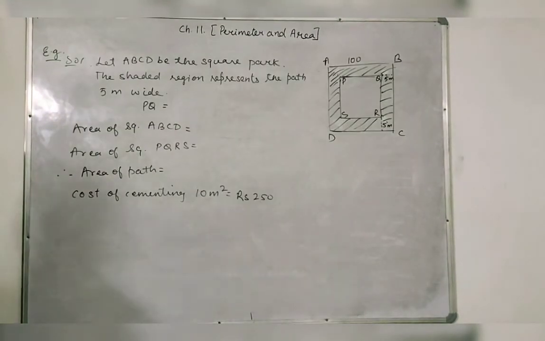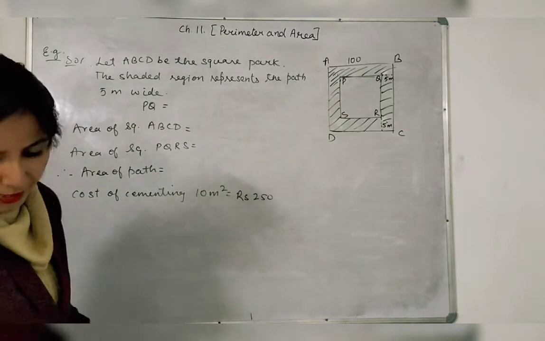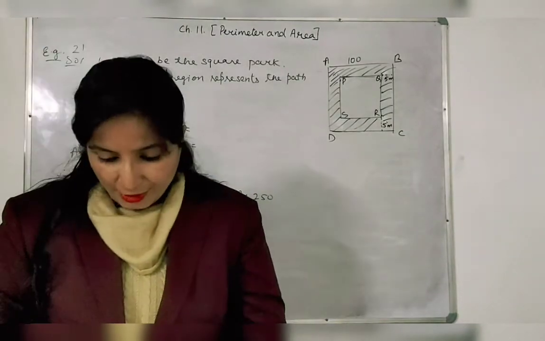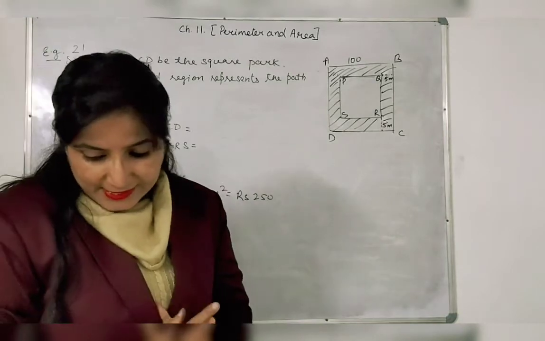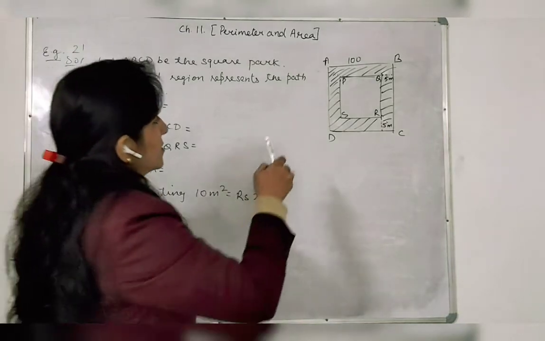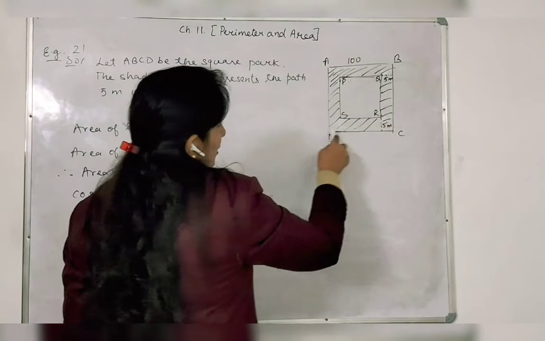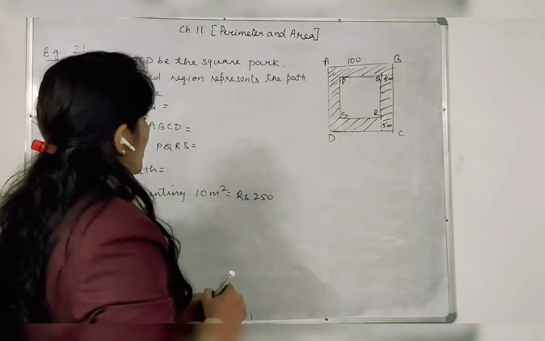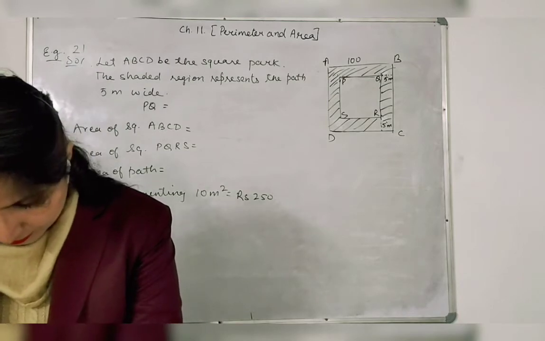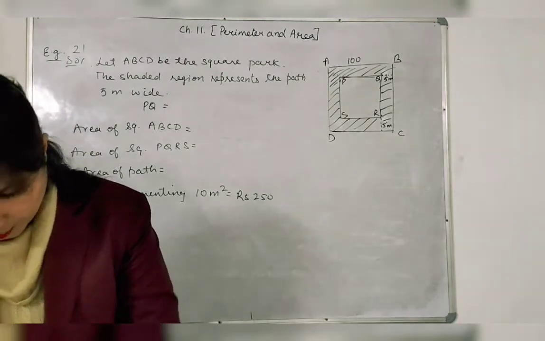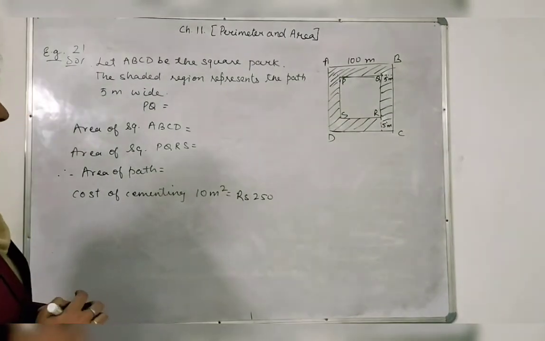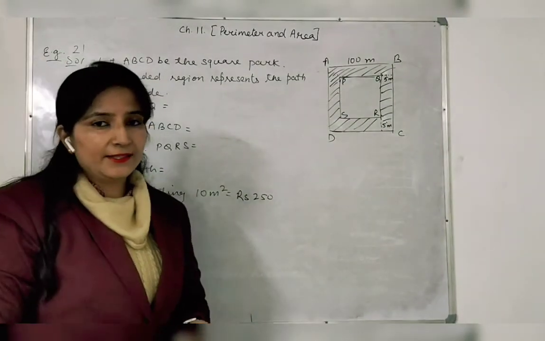Now students, example number 21 of your book, that is on page number 225. In this example, there is a square park given. Suppose ABCD is the square park with the side 100 meters. And a path is constructed inside the square park.